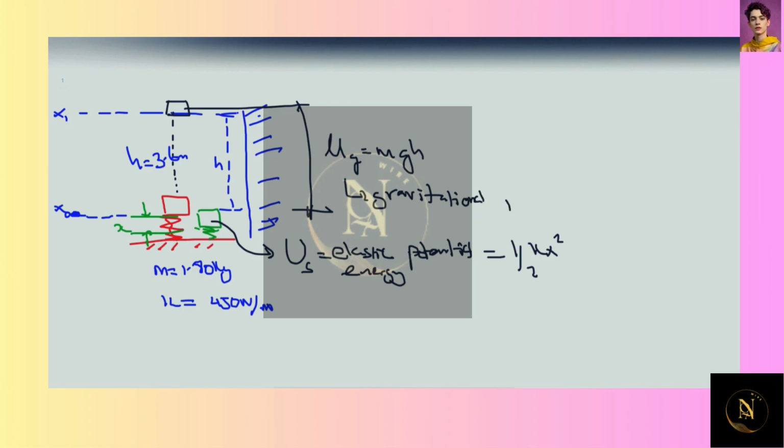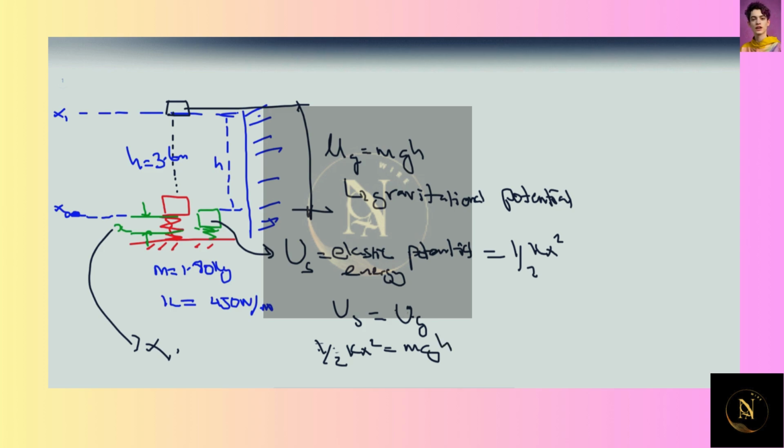And so we're applying the law of conservation of energy, where all the elastic potential energy is transformed to gravitational potential energy, UG. So the goal of this problem is to find X. 1/2 KX squared happens to be equal to MGH because we don't have any losses of energy.